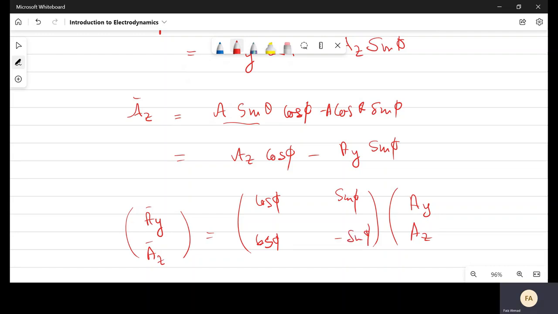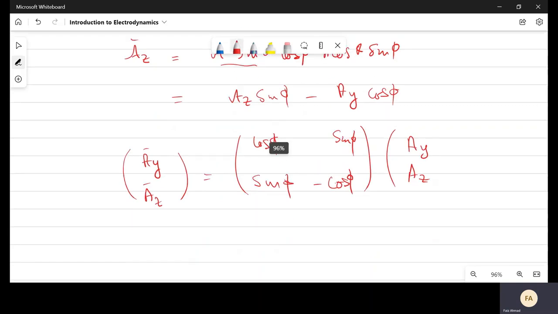Using the transformation law, I made a mistake here. Here will be sine and here will be cosine. And here will become sine phi, and here will become minus cosine.